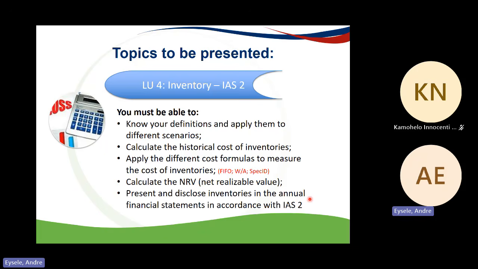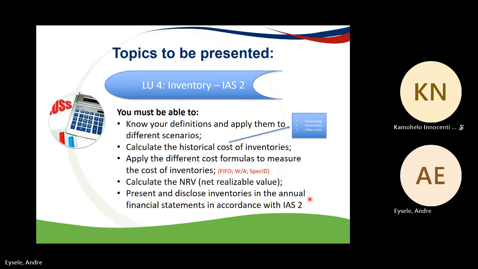You are also made aware of inventory in management accounting, whereas we accountants concentrate on disclosing inventory in the financial statements and valuating it. So colleagues, you need to understand all the below.